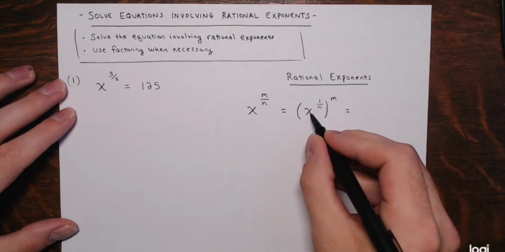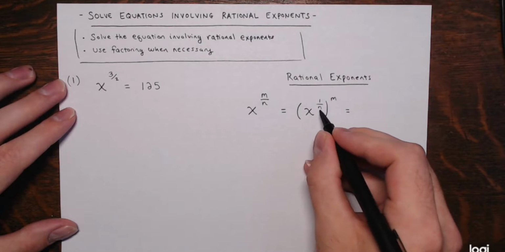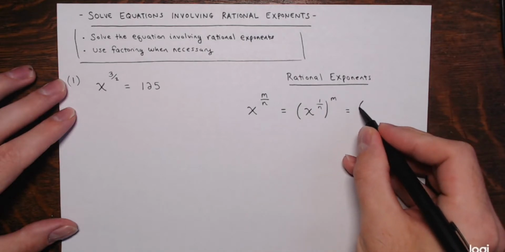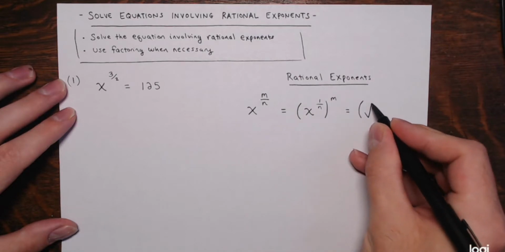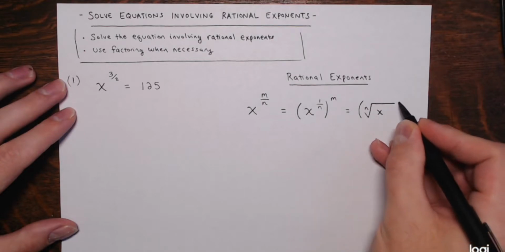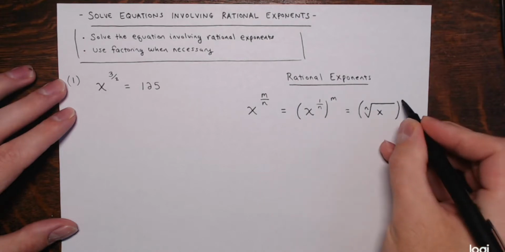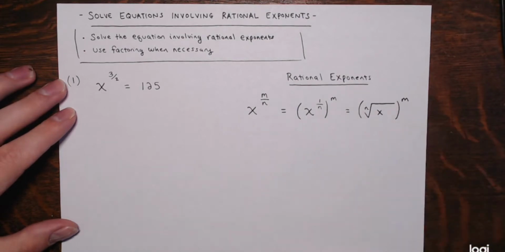And x to the 1 over n power is another way to express the nth root of x. So if you want to express this as a radical, it would be the nth root of x in here, to the mth power outside.